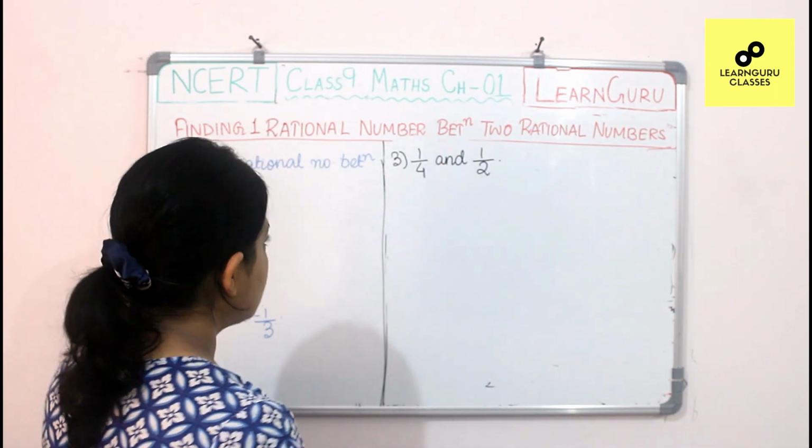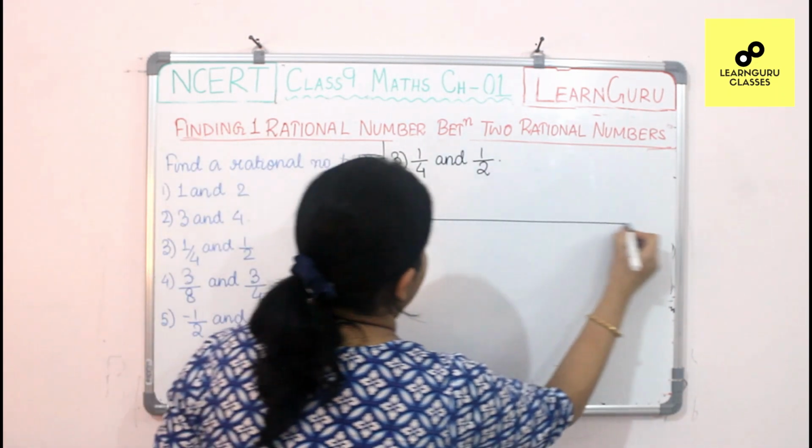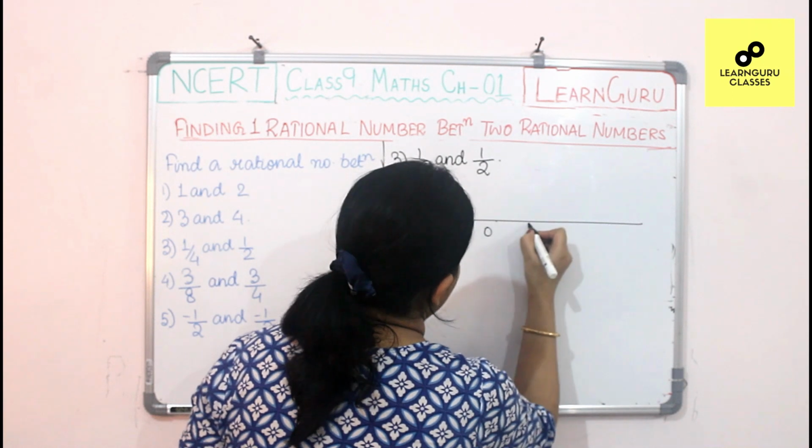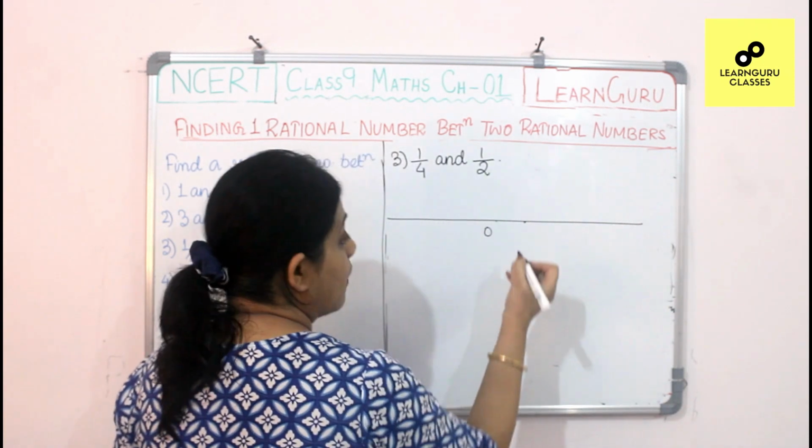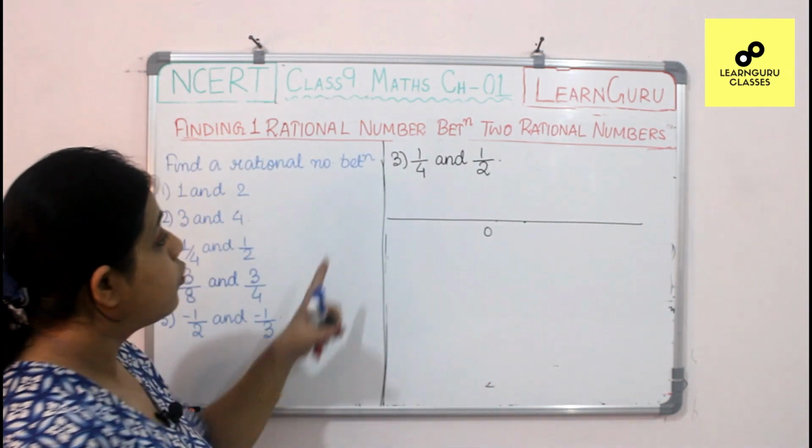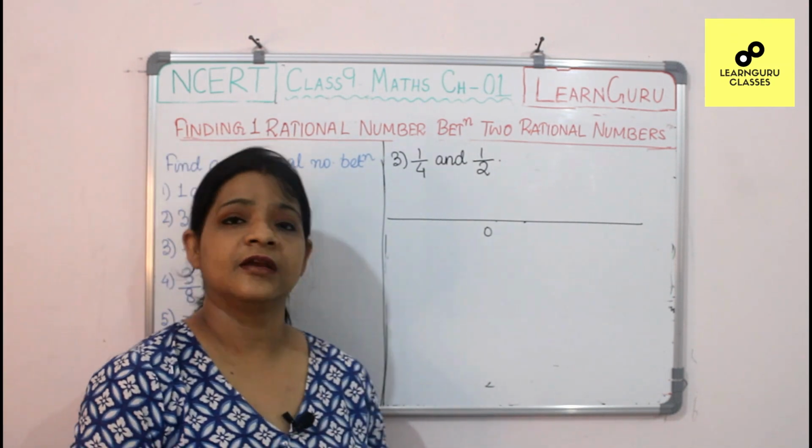First of all, we will draw the number line. This is 0. Now the thing is, which one is the greater fraction?